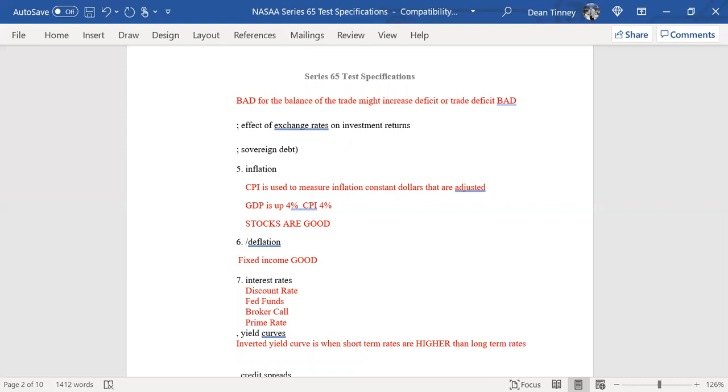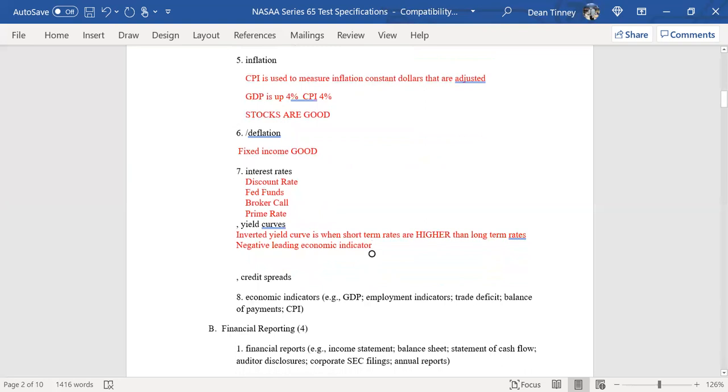And that is, test question, a negative leading economic indicator. So 2 test questions about an inverted yield curve. What is it? It's when short-term rates are higher than long-term rates. Test question number 2, it's a negative leading economic indicator.